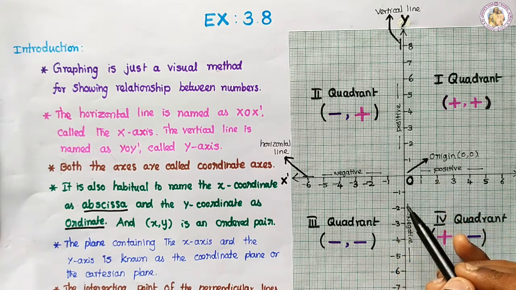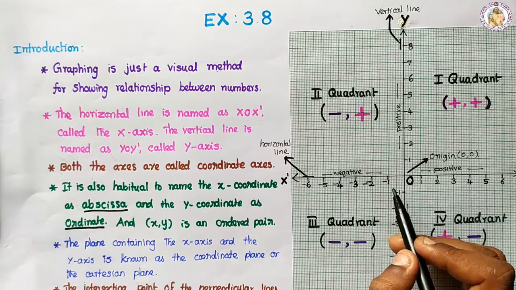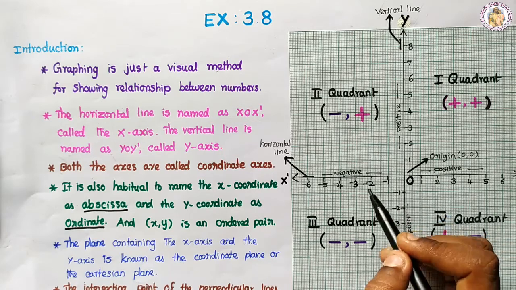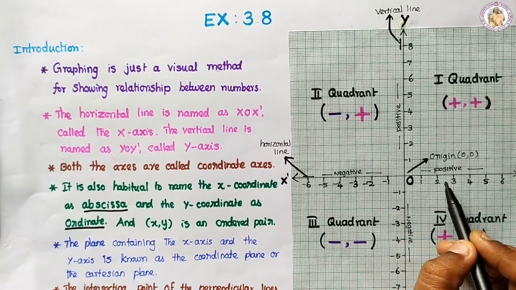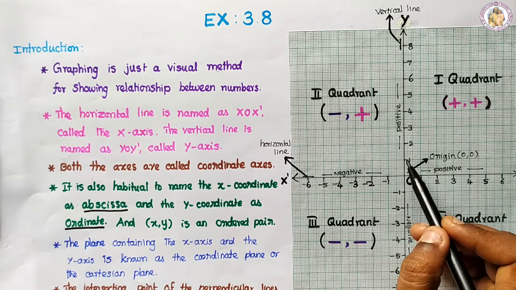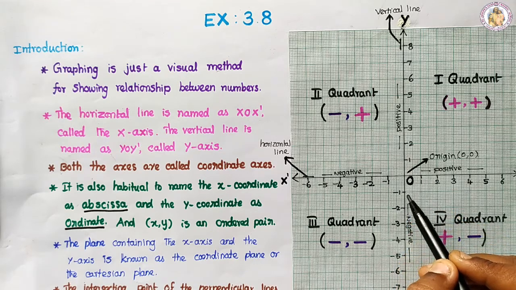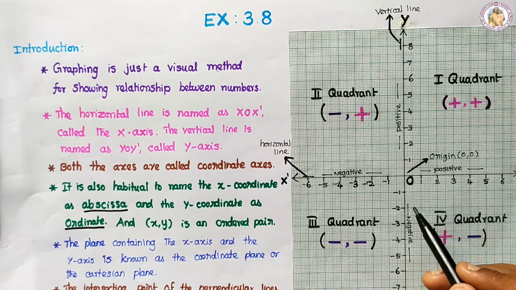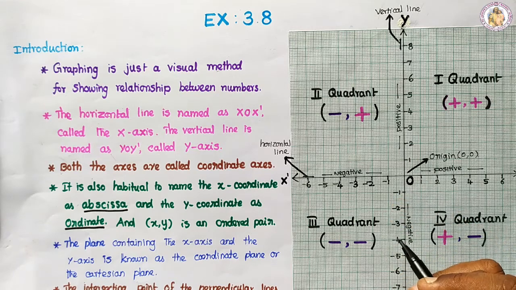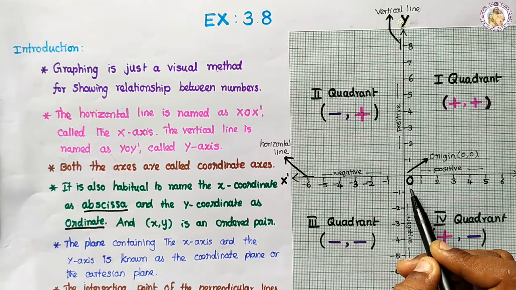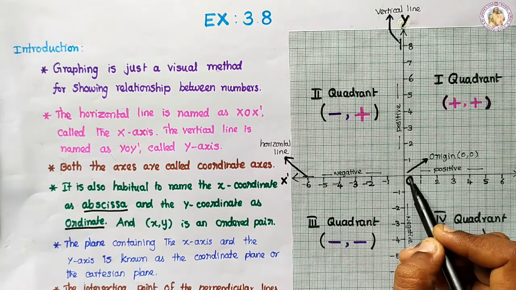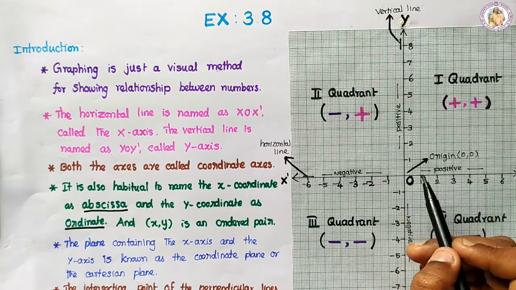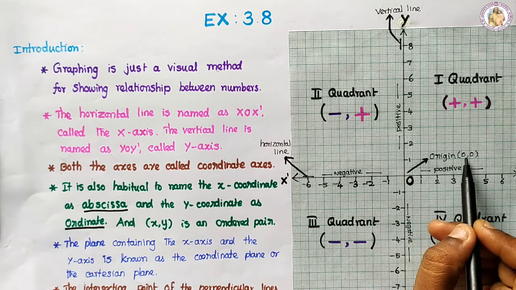Intersecting means to cut. So it cuts the x-axis. This is the origin. Origin means that the point is (0, 0).